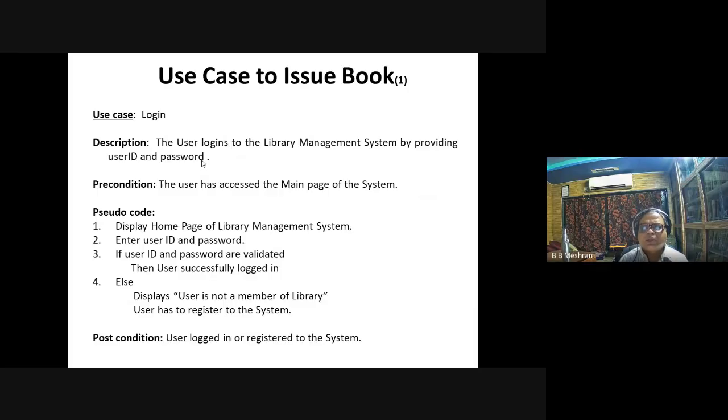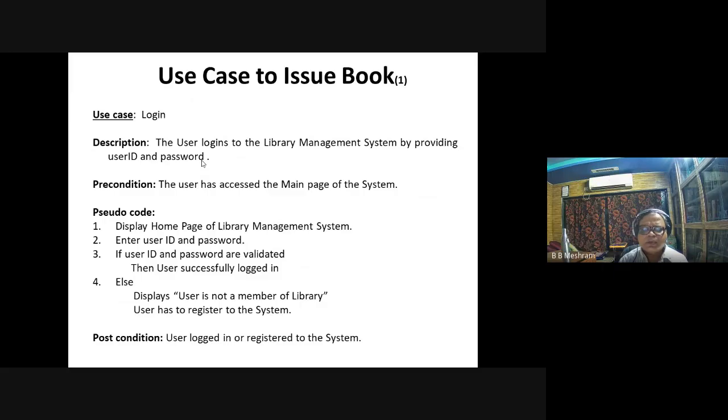Description: the user logs in to the library management system by providing user ID and password. Precondition: the user has accessed the main page of the system. Then you write the event flow. You can say it is a pseudocode. First, display home page of library management system. Second, enter user ID and password.